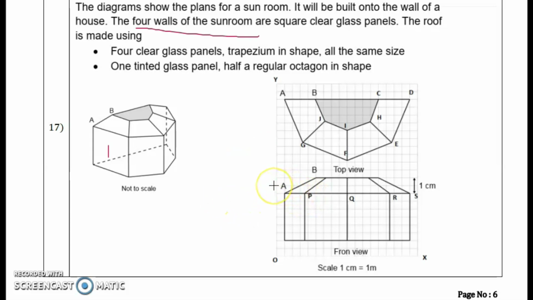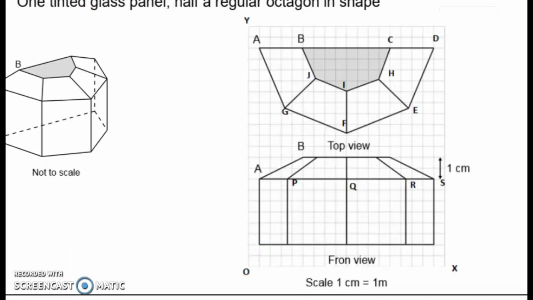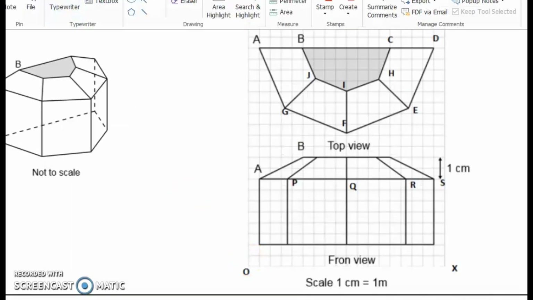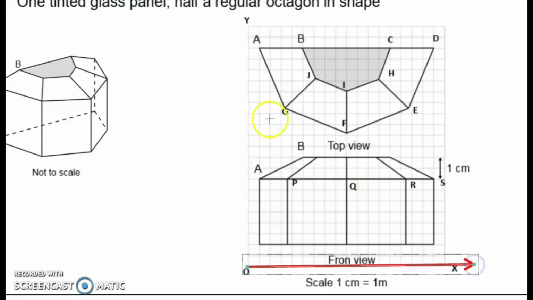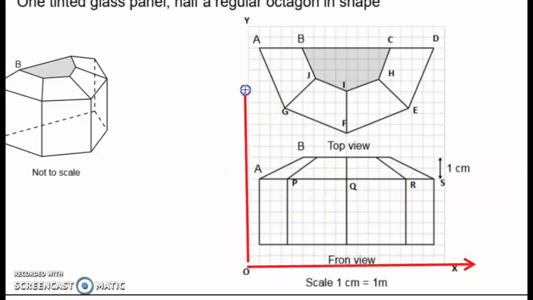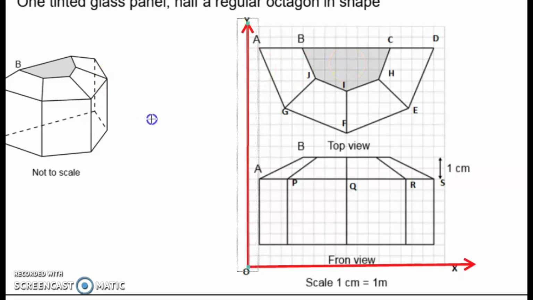Before starting the problem, we have to understand it from one point of view. By understanding this, we can handle all the questions very easily. If you see this diagram, the axes are marked: this is the x-axis and this is the y-axis, already given in the problem.